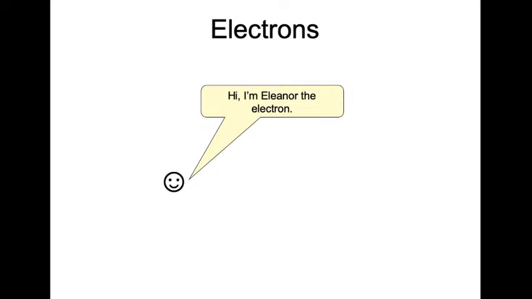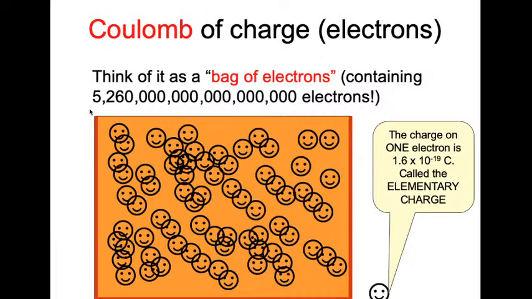There's Eleanor Electron. So, a coulomb of charge. This is just getting into the idea of what 1 coulomb of charge really represents. We've talked about coulombs a little bit in the last 2 lessons, but this just gives you an idea of the scale.